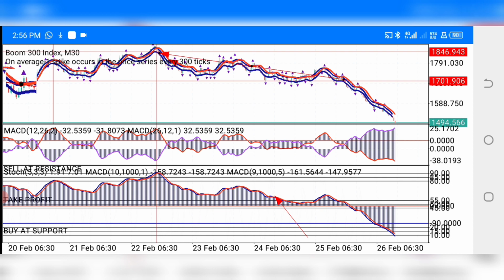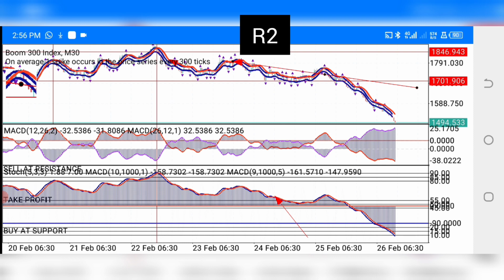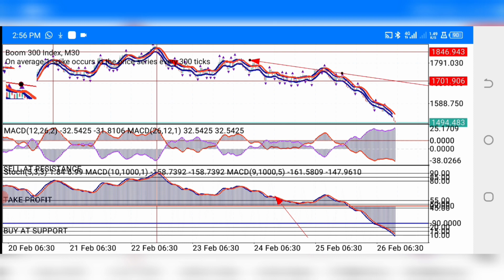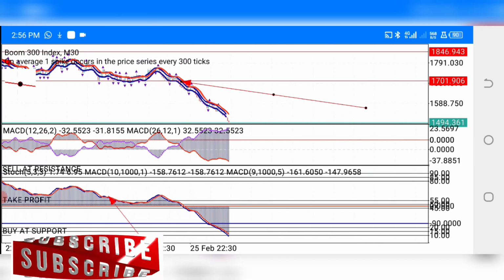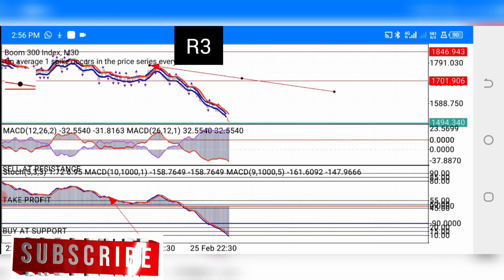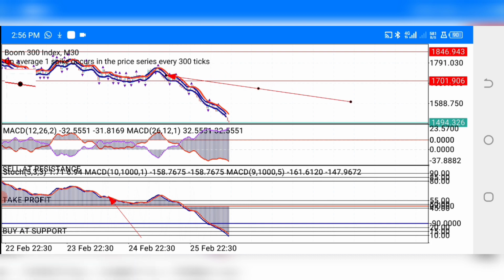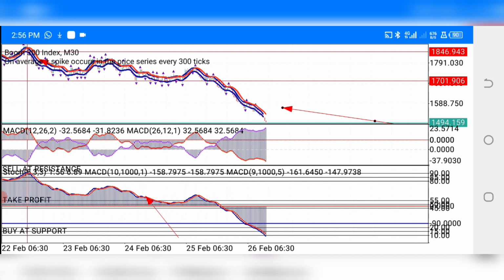It moved from this level and created the second level, which is the second resistance level of the market, and advanced by moving down to the third resistance level. You can see the market keeps on going down and creating different resistance levels as the market is selling. So that's how it works.